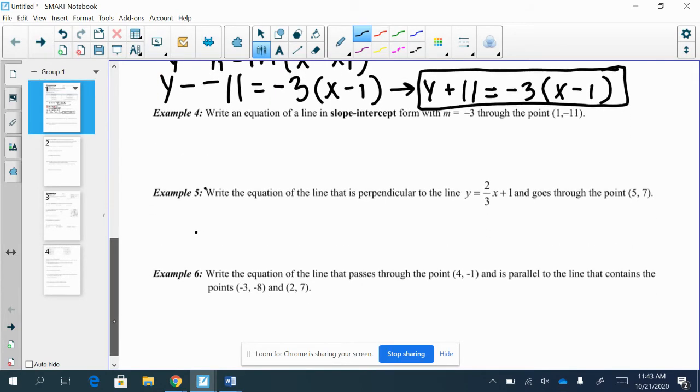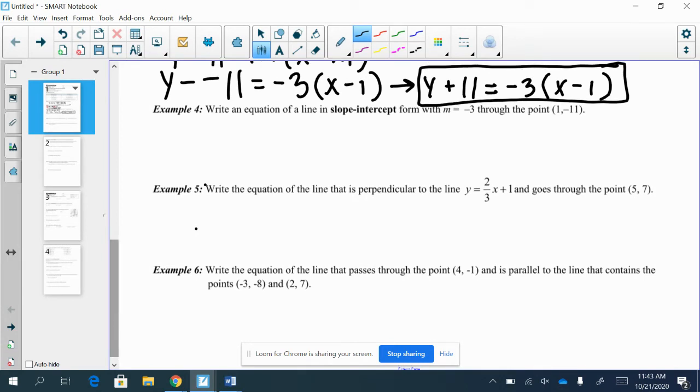Example 4, write an equation of a line in slope-intercept form with m equals -3 through the point 1, -11. Okay, so I always start in point-slope form and then simplify.